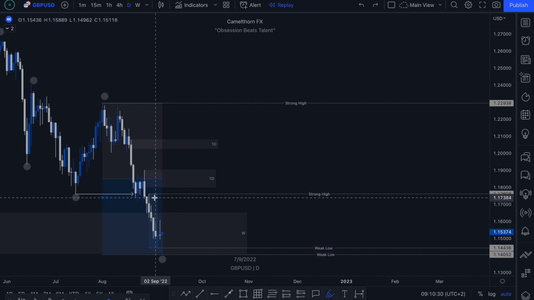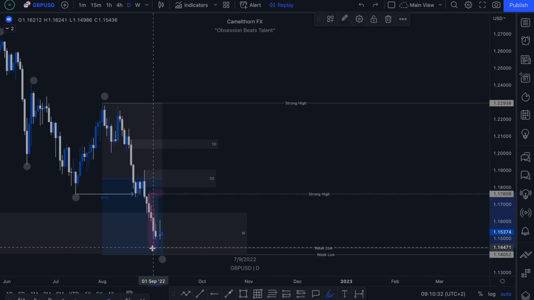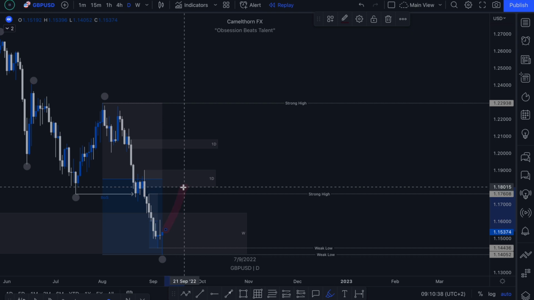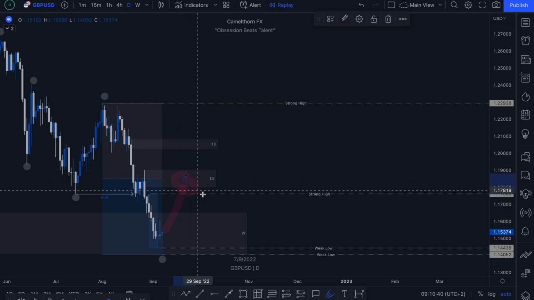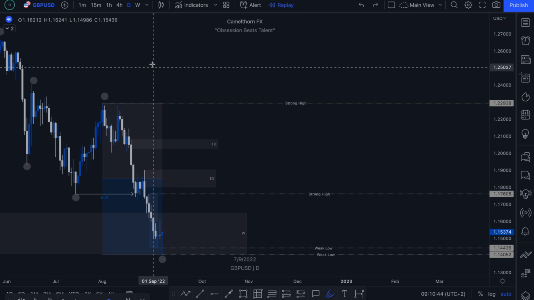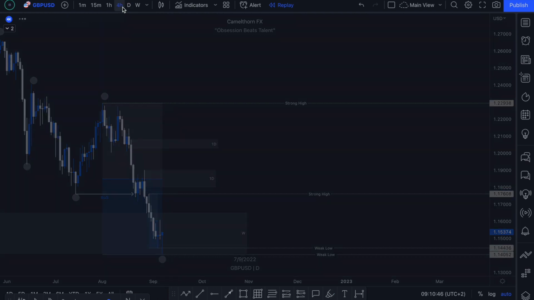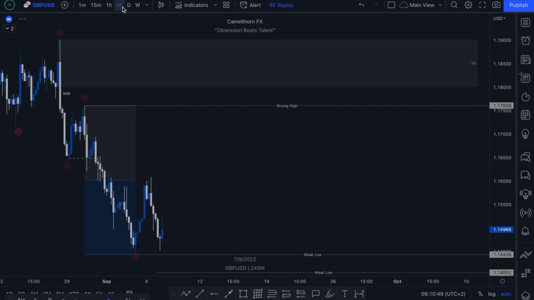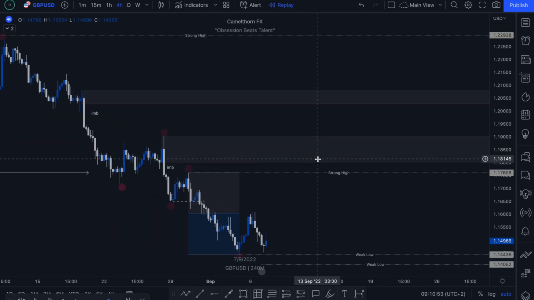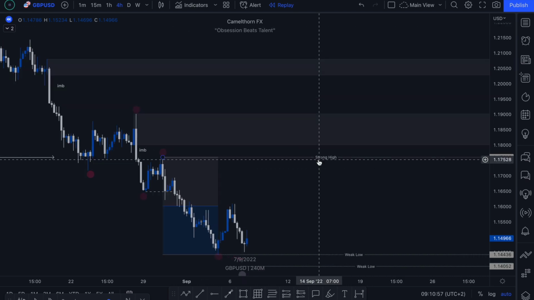So even though we have this 4 hour bearish leg in here, the anticipation still is, from a daily point of view, for price action to pull back potentially towards that daily supply zone. The only reason we mark out our 4 hour bearish leg is because from an intraday and an intra-week trading point of view, I like to follow my 4 hour closely.